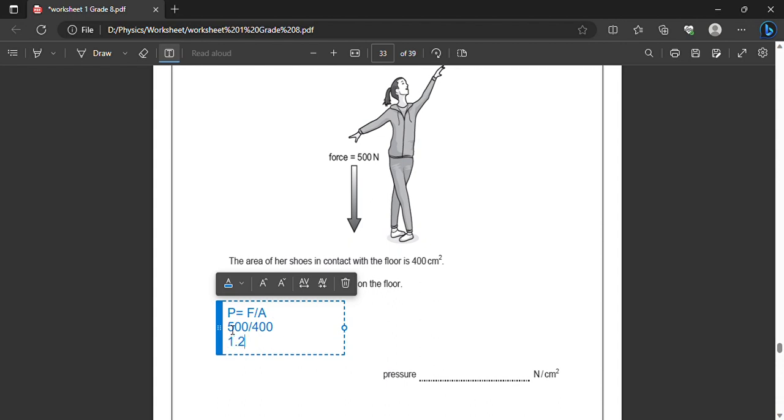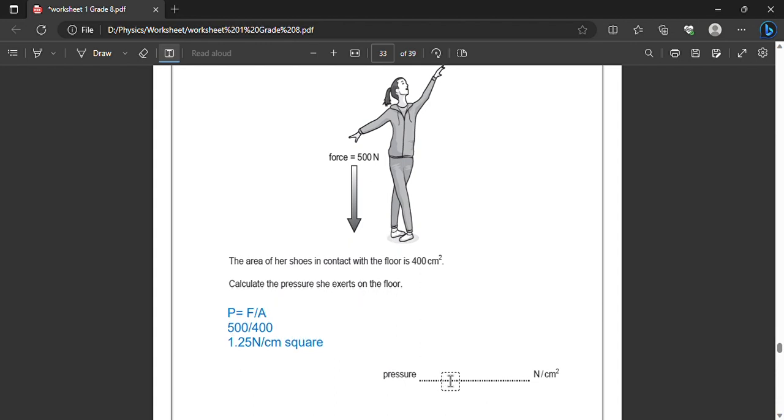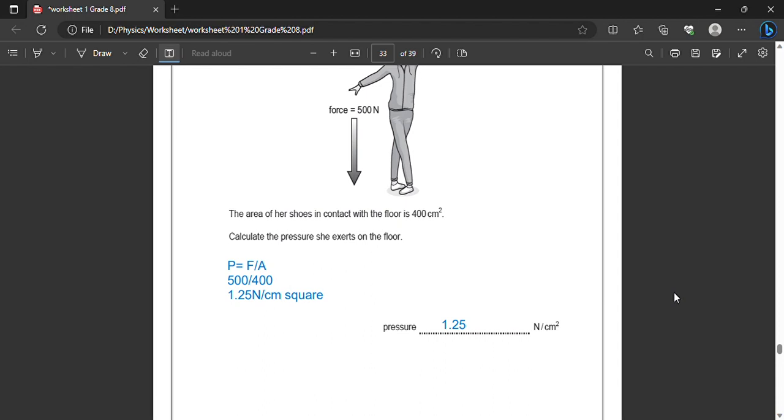When you calculate this, you get 1.25 newtons. It's not newtons per meter squared because they said centimeters squared, so you write centimeters squared. So the answer right here is 1.25, with the units beside it.